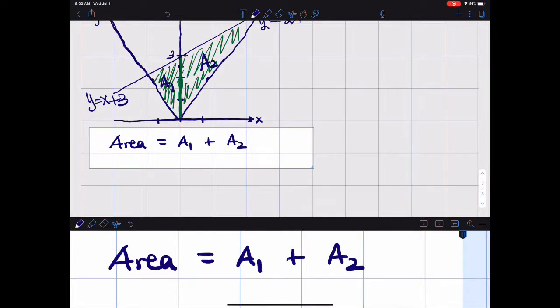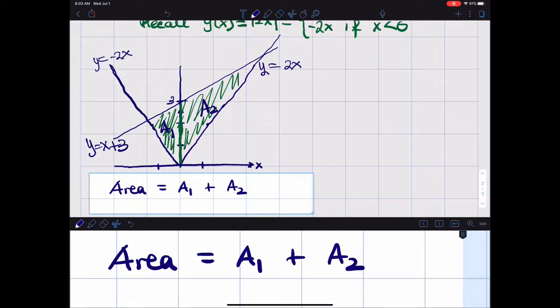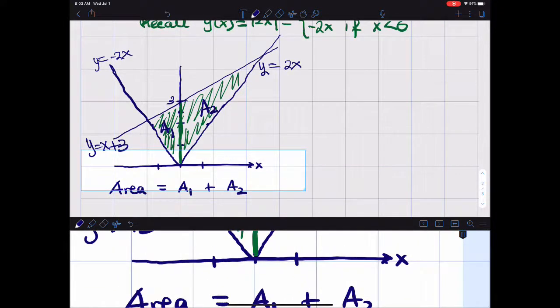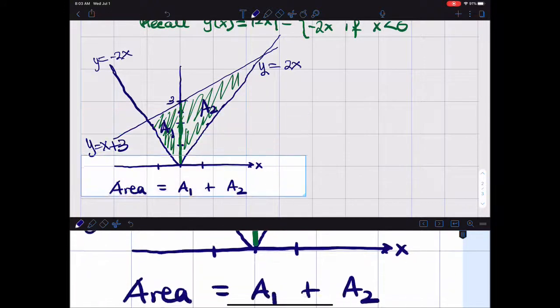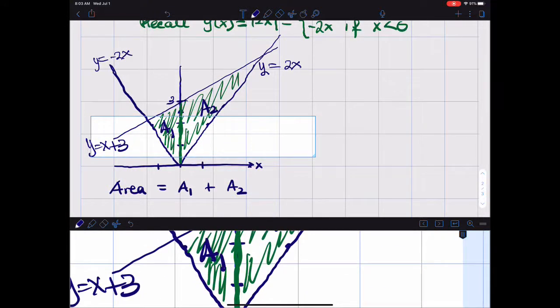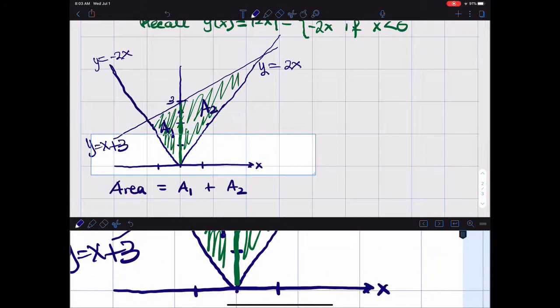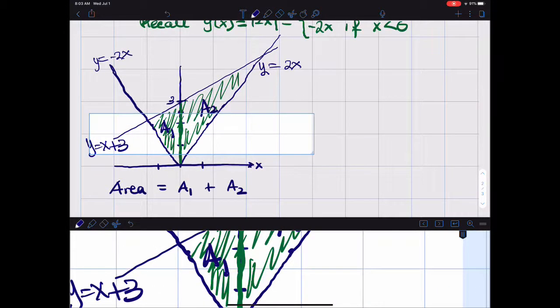Why am I writing it this way? Because from this point to over here, this line, you have x plus 3 at the top and negative 2x at the bottom.